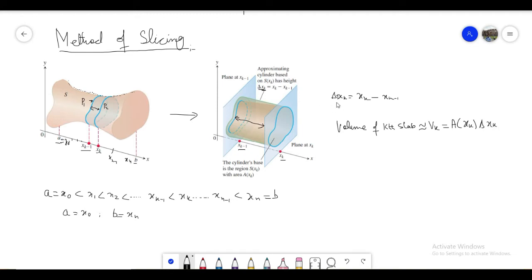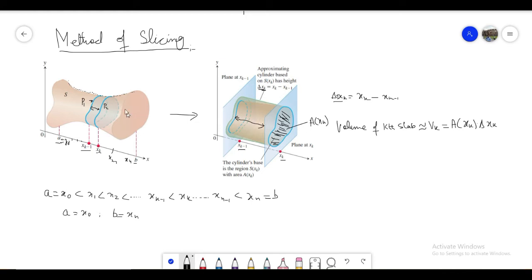We already computed delta xk, which is the width of this one. Now the cross section area is basically this. So the cross section area is A of xk multiplied by the width. So this is how we can compute the volume of the kth slab.